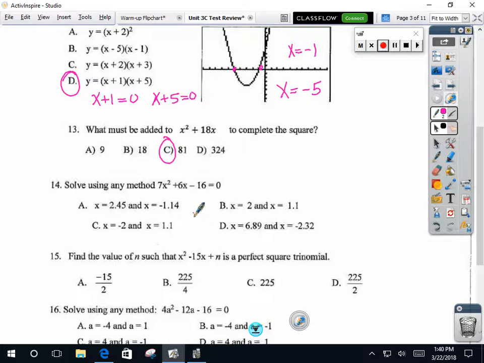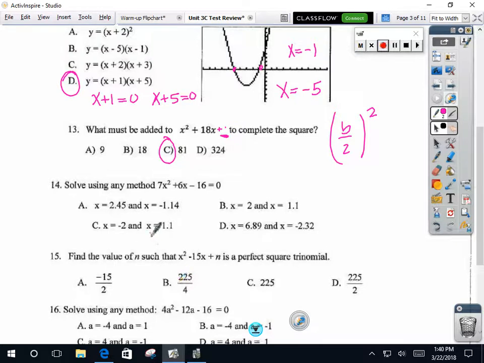You thought of the numbers that would add to 18, and then you knew those numbers would multiply to 81. Remember, when you're trying to complete the square, to figure out what number you need to add, that's where you do the b divided by 2 squared. The b is 18, divided by 2 is 9, 9 squared is 81. You're just trying to figure out what goes right here so that the numbers will add to make 18 and multiply to make whatever that is.